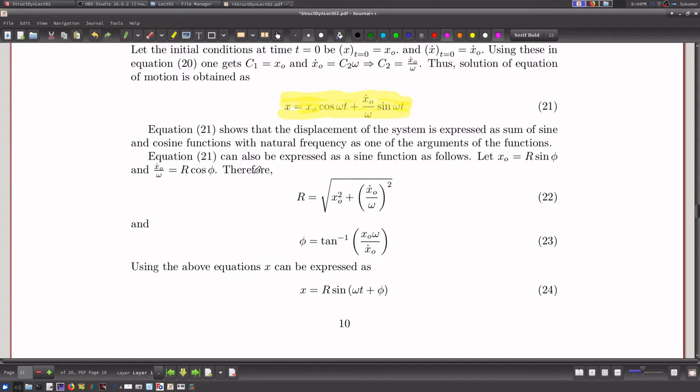In that case, from here I will get r cos omega t sine phi plus r sine omega t cos phi.